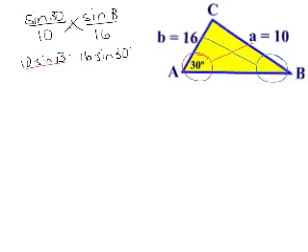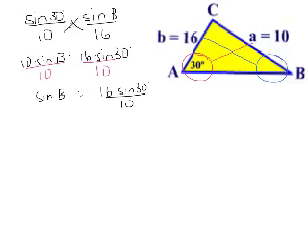I'm going to divide each side by 10, which leaves me with the sine of B is equal to 16 times the sine of 30 degrees over 10. To get B all by itself, I need to take the sine inverse of both sides. Sine and sine inverse undo each other. So if I type all of this stuff into my calculator, I have my missing angle measurement is 53.1 degrees.